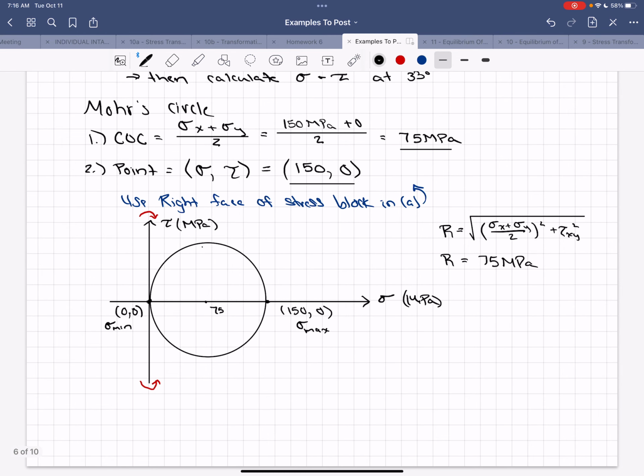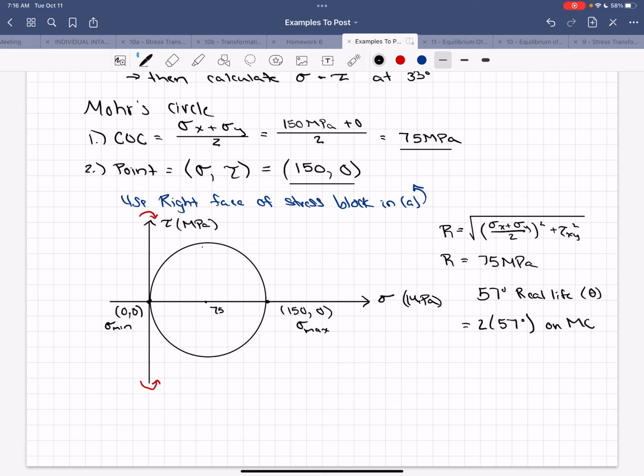So that would be 57 degrees in real life. This is theta equals 2 times 57 degrees on Mohr's circle.